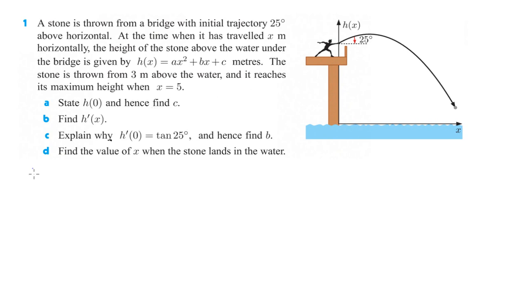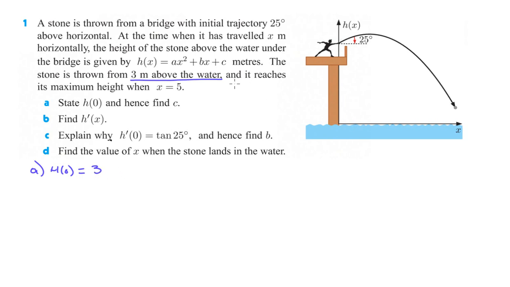So for a, h(0), that's when time is 0. So that's right when it's leaving the hand of the person who's throwing it, right? If the stone is thrown from 3 meters above the water, h(0) has to equal 3.